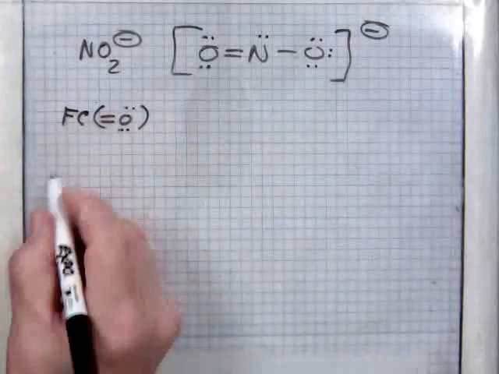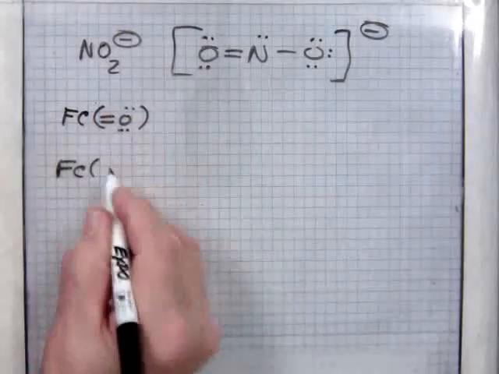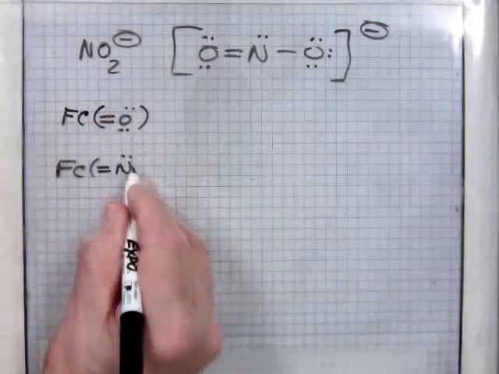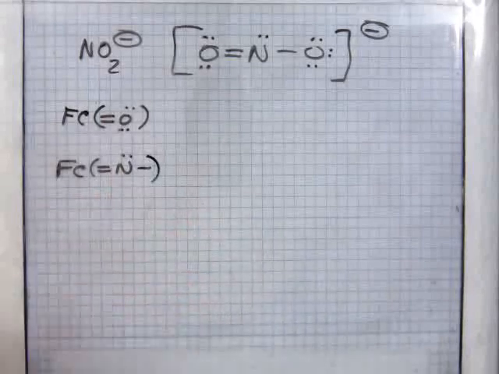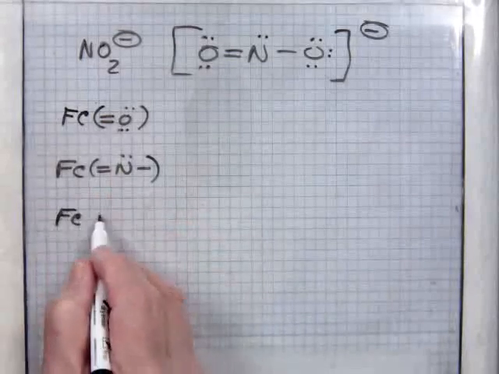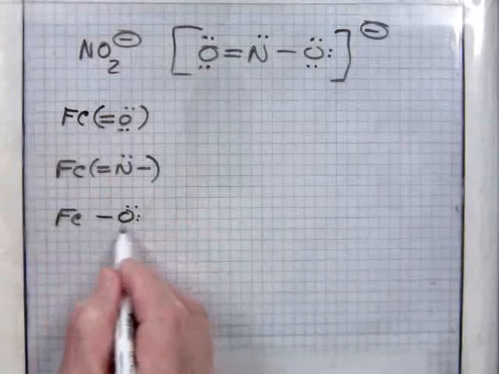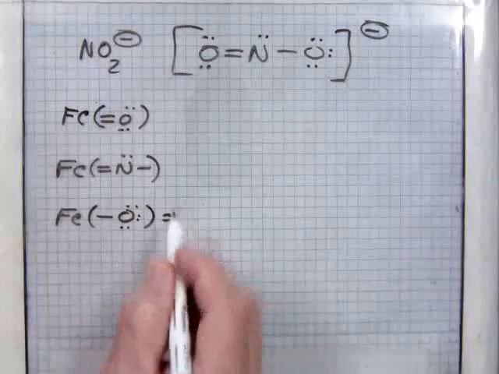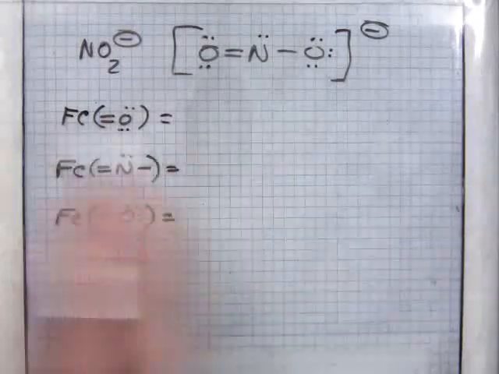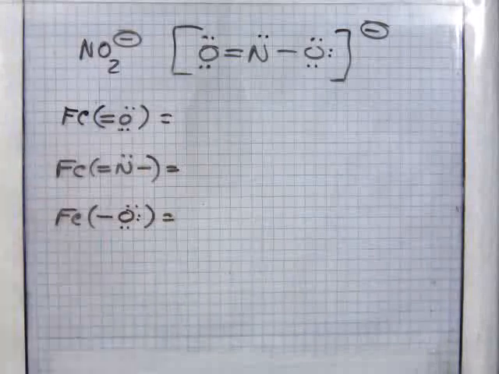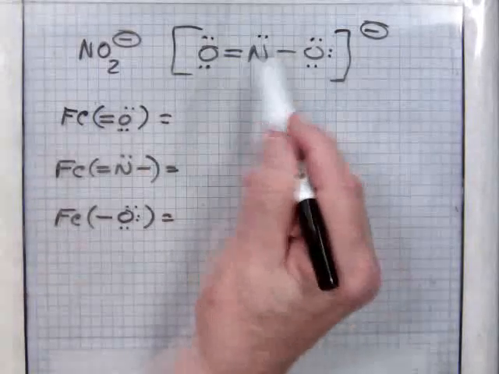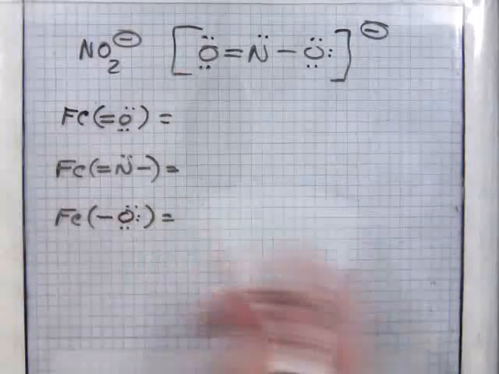Then I want the formal charge on the double bond to nitrogen, single bond to the other side. And then I want the formal charge on the oxygen with 3 non-bonded pairs on it. See how I'm breaking down the molecule in this context? I'm just taking the bonds and the molecule along with its non-bonded pairs.